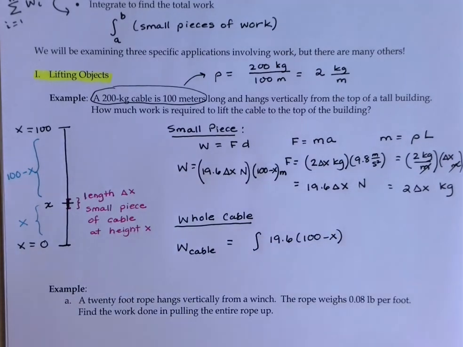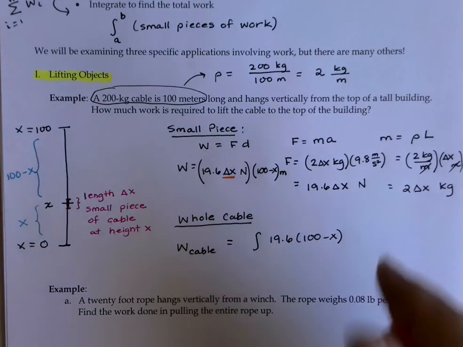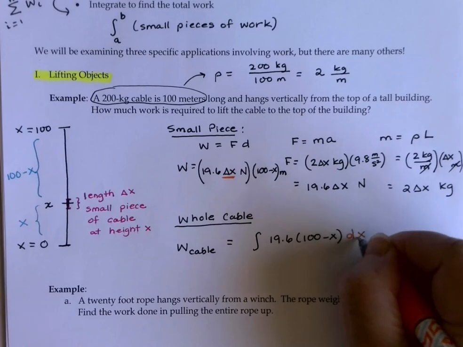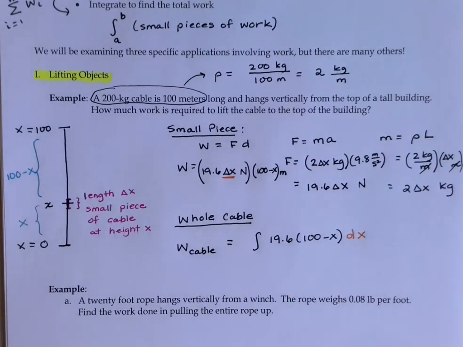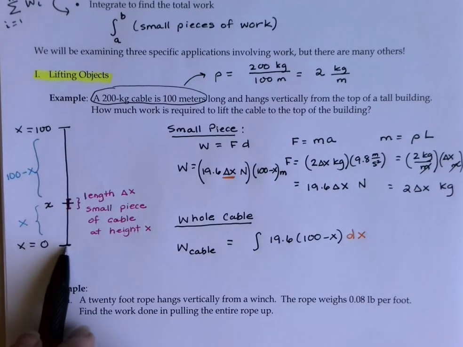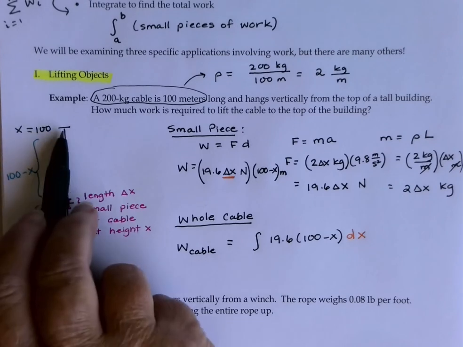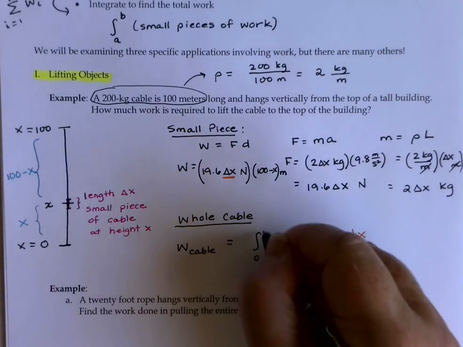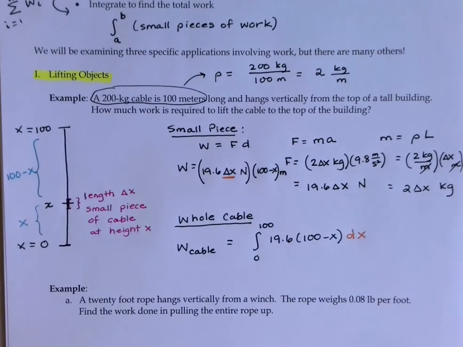And of course, like we've seen many, many times, the delta x shrinks down infinitesimally small when we write the integral and becomes a dx. Since my little pieces of cable are going to go from a height of x equals 0 to a height of x equals 100, that provides me with my limits of integration.